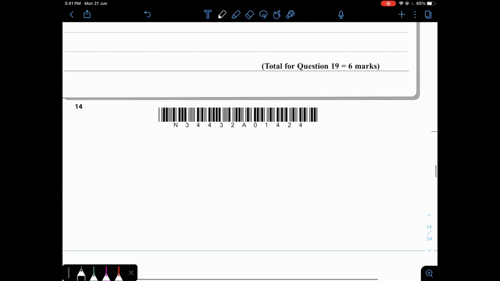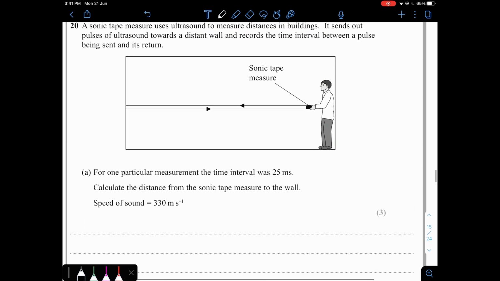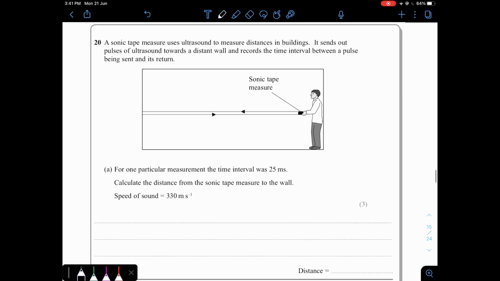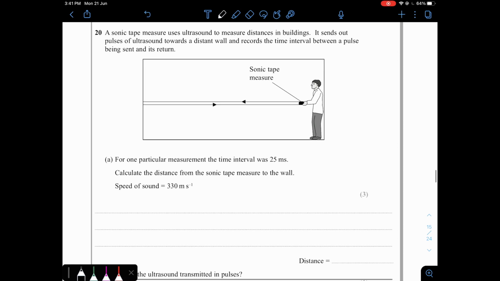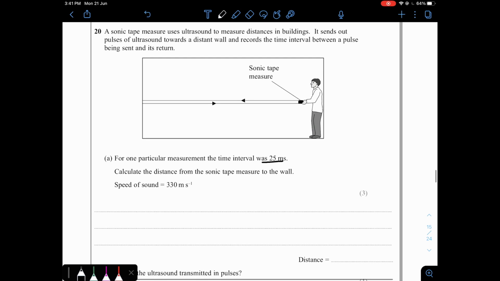Okay, question number 20. A sonic tape measures using ultrasound to measure distances in buildings. It sends out pulses of ultrasound towards a distant wall, and records the time interval between a pulse being sent and its return. For one particular measurement, the time interval was 25 milliseconds.